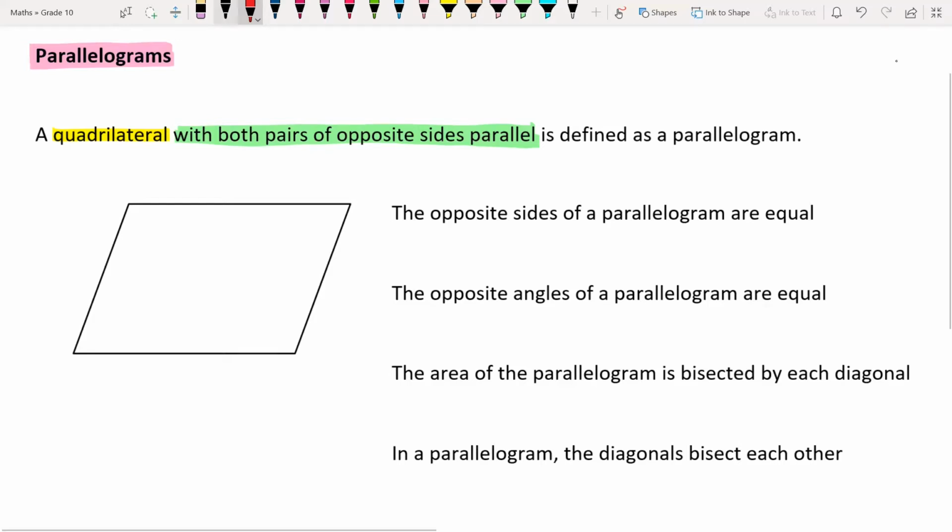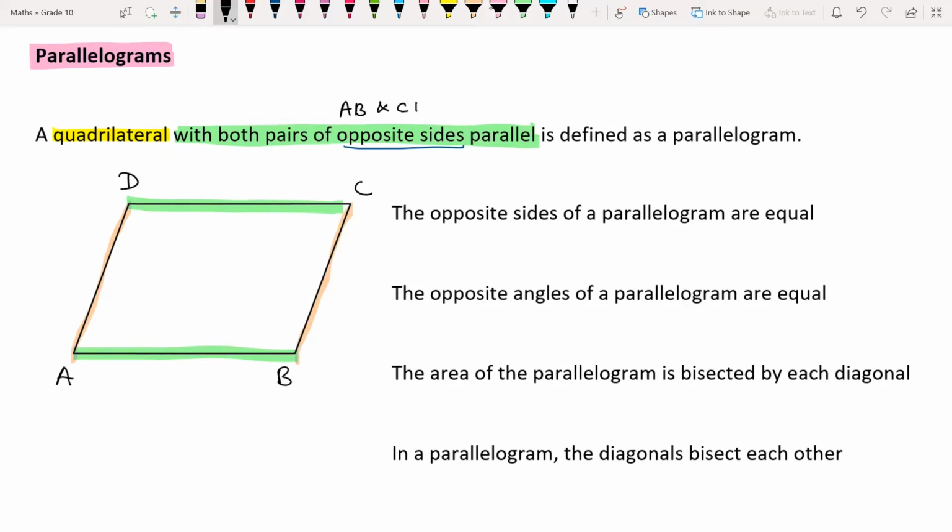They are parallel. So let's mark it. Now, if you consider these two sides, these are opposite sides. And also, these two sides are opposite sides, right? Now, if I label this parallelogram A, B, C, D, AB and CD are opposite sides.